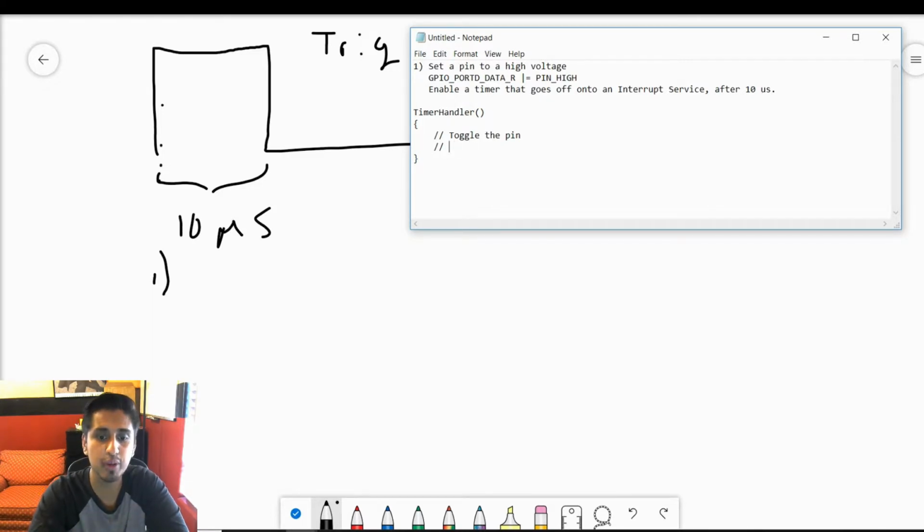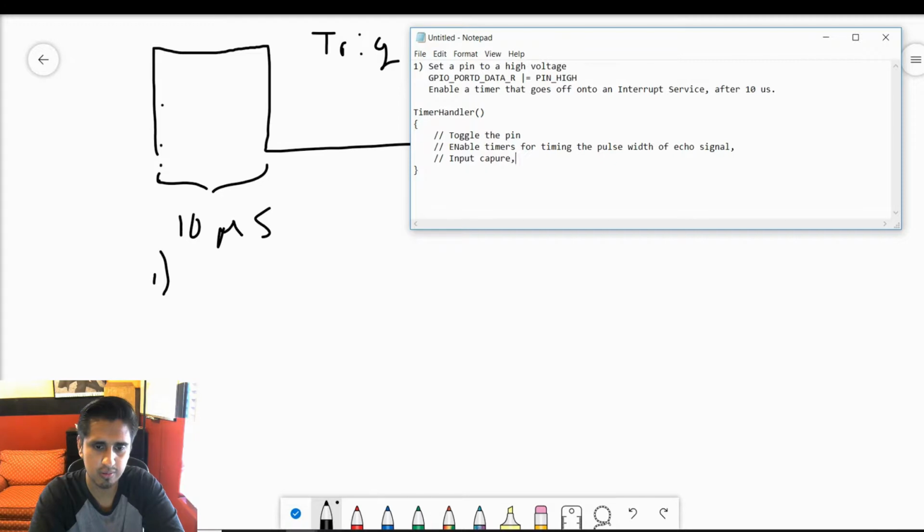So in order to measure the pulse width of the echo signal, we then enable timers for timing the pulse width of the echo signal. This is accomplished using input capture.